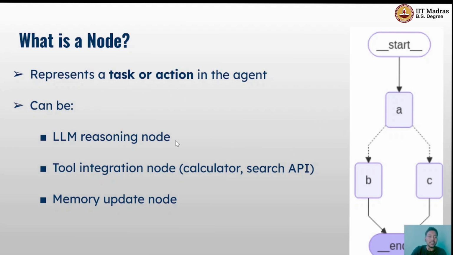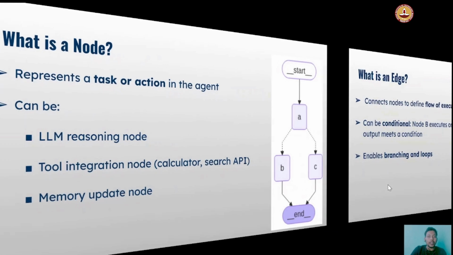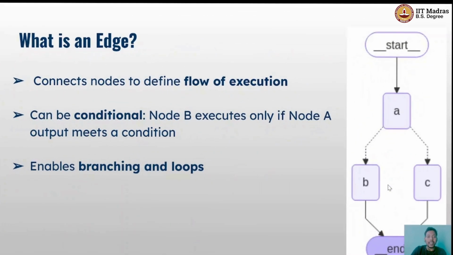It can be an LLM reasoning node, a tool integration node, or a memory update node. For example, in our email assistant agent, read emails can represent one node, and summarize email can represent another node.